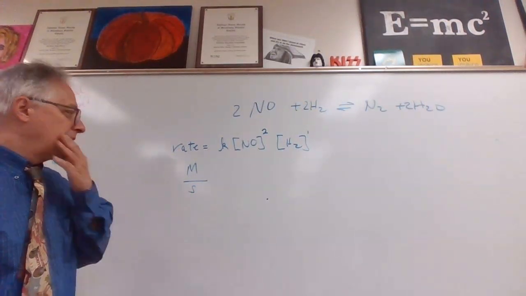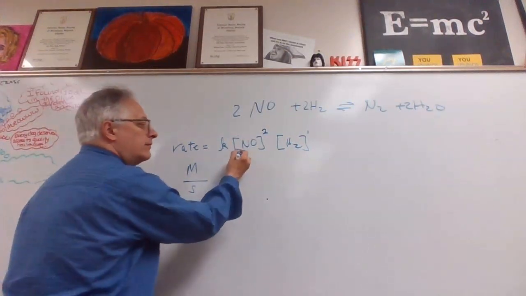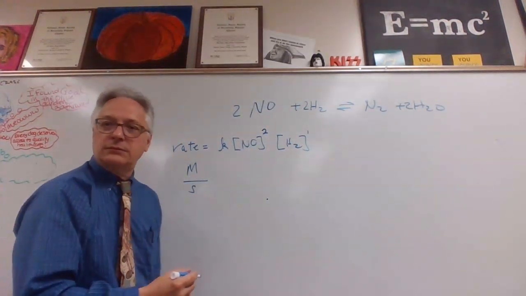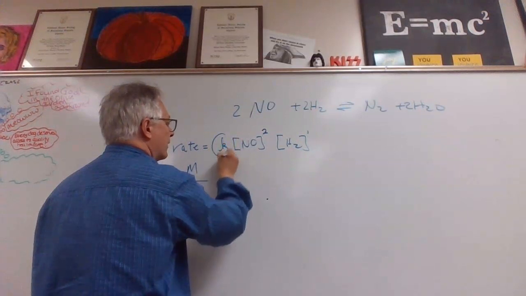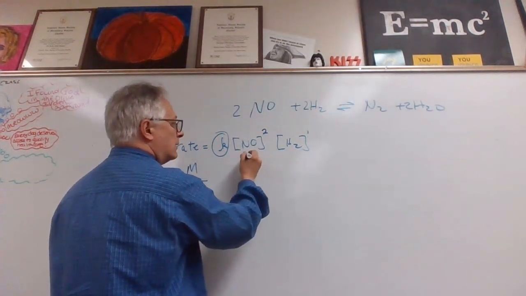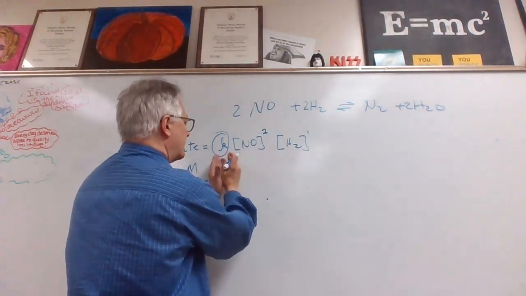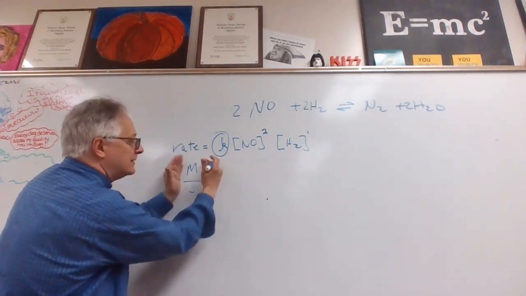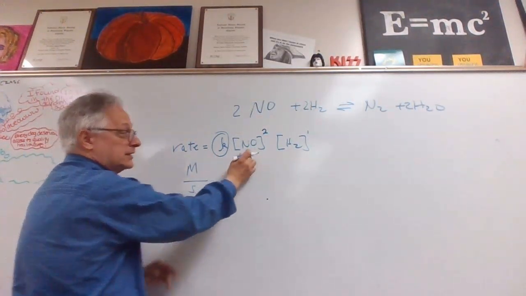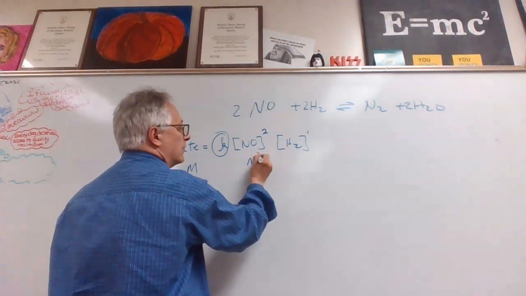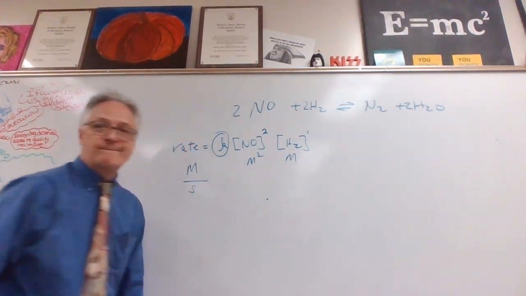These brackets mean molarity. So my K here has to give me these units, because I have a molarity squared here and a molarity there.